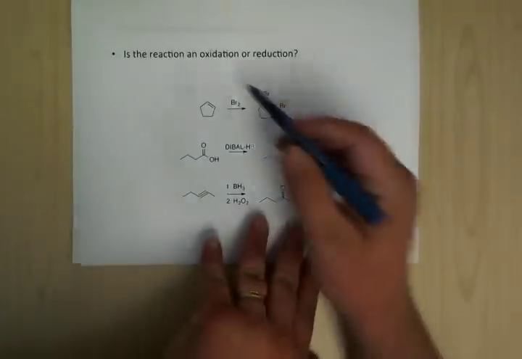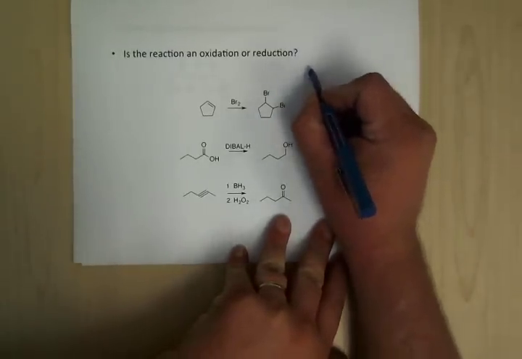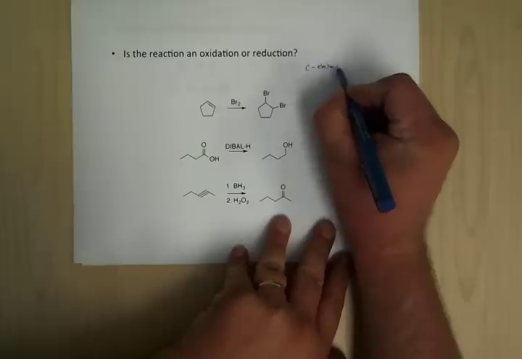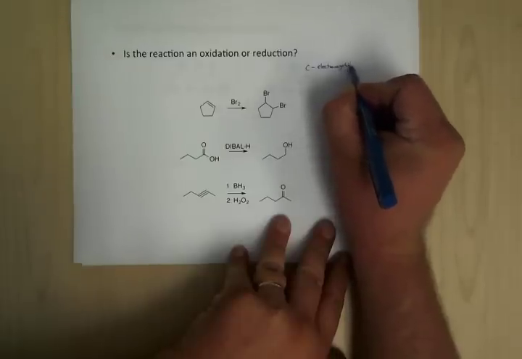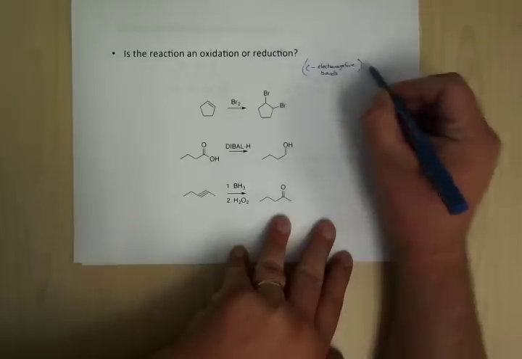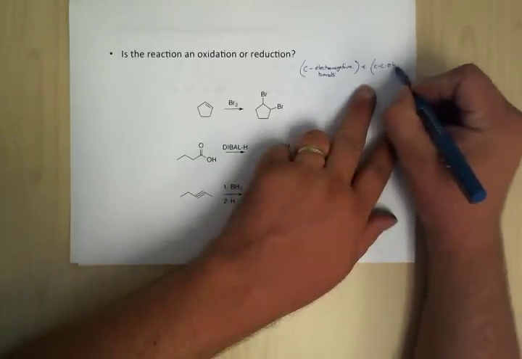Okay, so for oxidation and reduction, what you're looking for is carbon-electronegative atom bonds, plus carbon-carbon pi bonds.